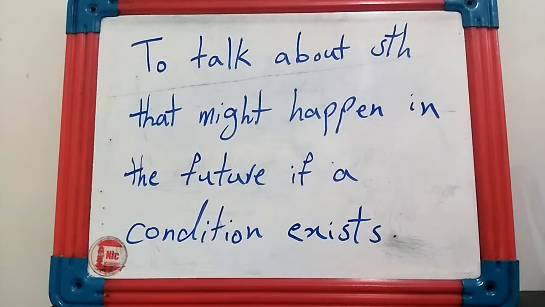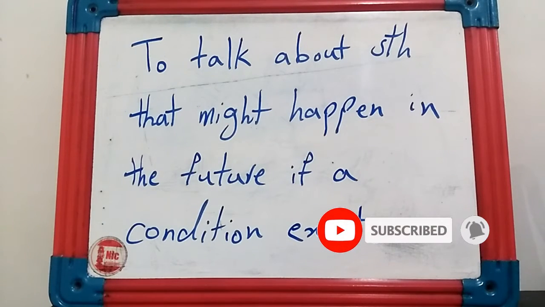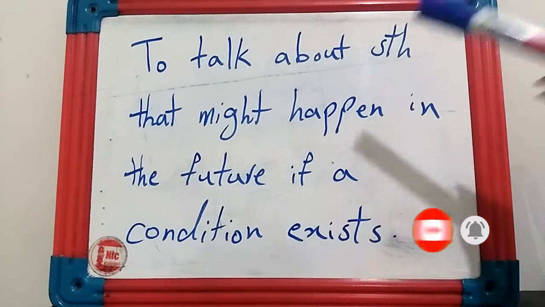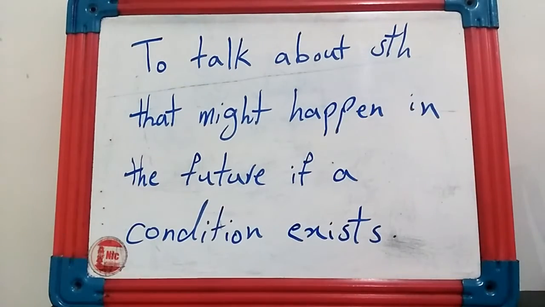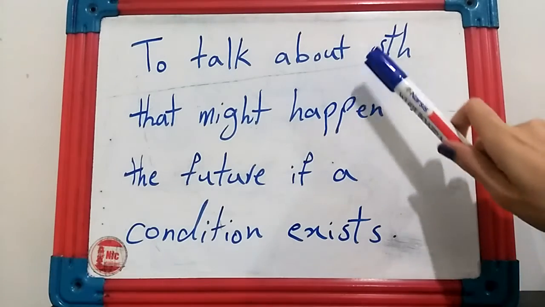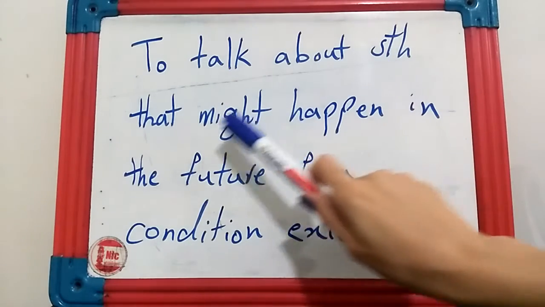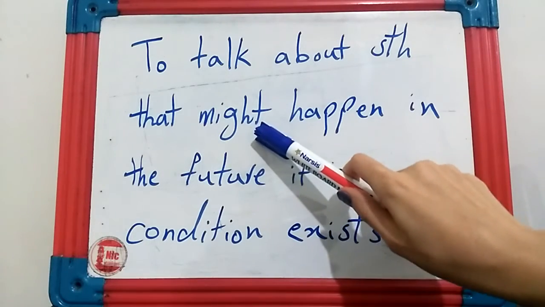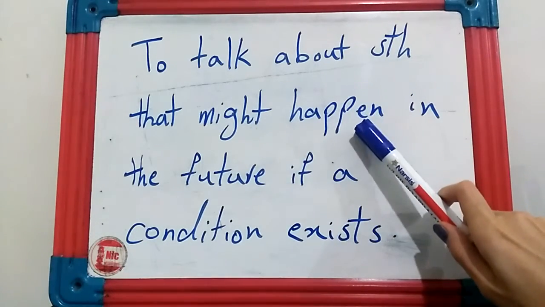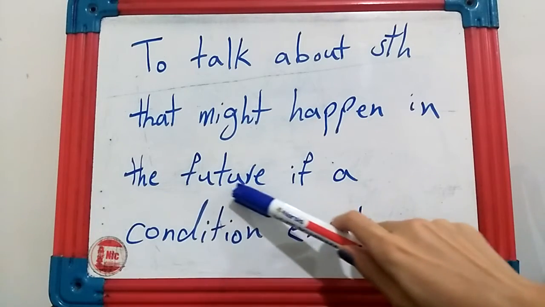First we should know when we can use first conditional. We use first conditional to talk about something that might happen in the future if a condition exists. پس جمله شرطی نوع اول رو زمانی استفاده میکنیم که میخوایم راجع به چیزی صحبت کنیم که ممکنه اتفاق بیفته در آینده.